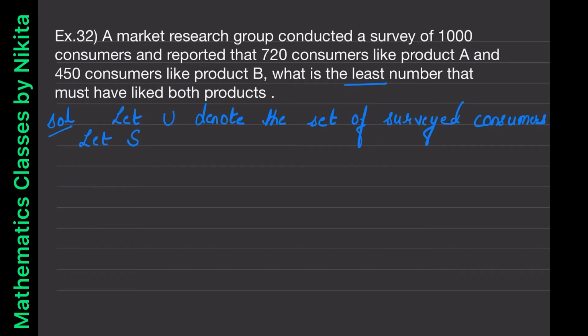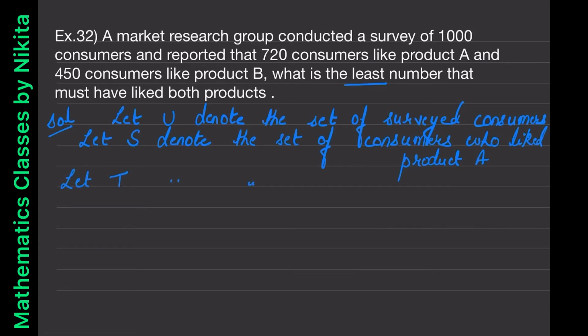So let S denote the set of consumers who liked product A. And let capital T denote the set of consumers who liked product B.